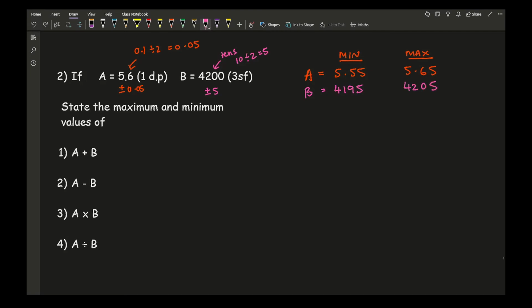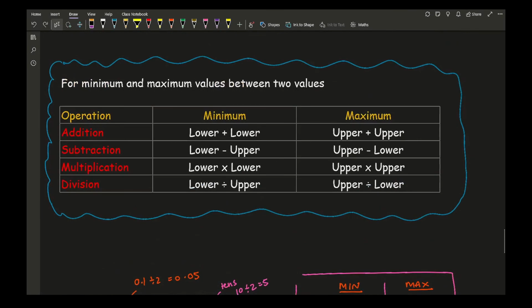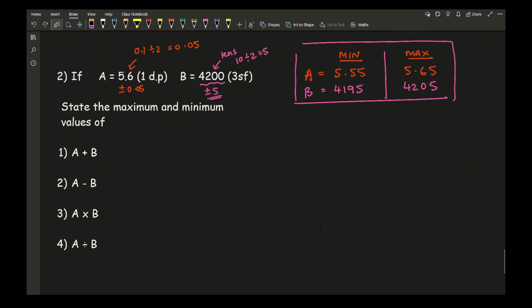All I've done is added and subtracted 5 to our original number. It's these numbers that I'm going to be using to work out the maximum and minimum values, and I'm going to be using this table to help me find out what the minimum and maximum value is going to be.